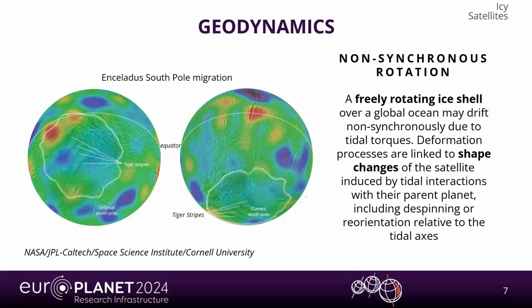And another process that usually affects the icy satellites relates to the outer icy crust that can be quite decoupled from the underlying ocean and the underlying mantle. And so it is free to rotate non-synchronously with the interior.